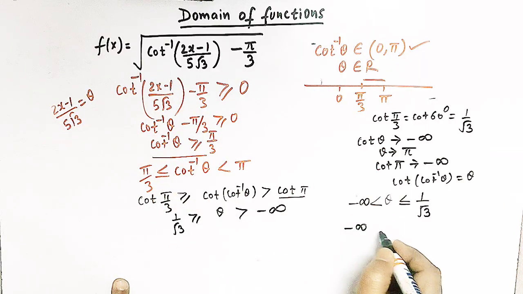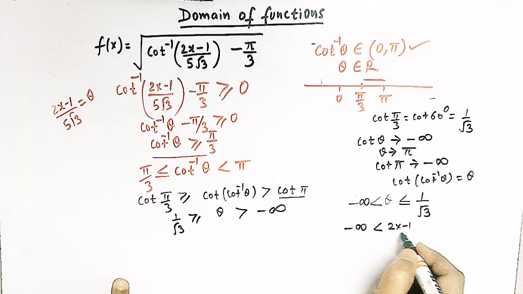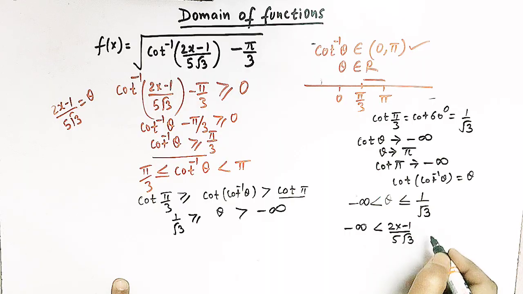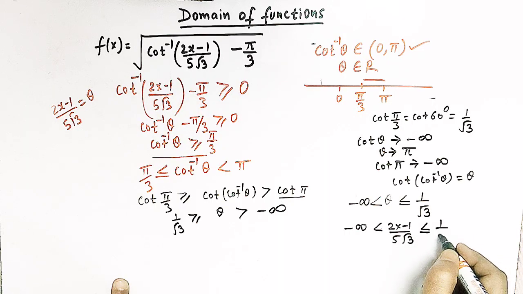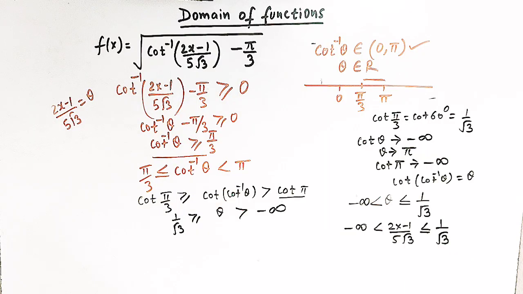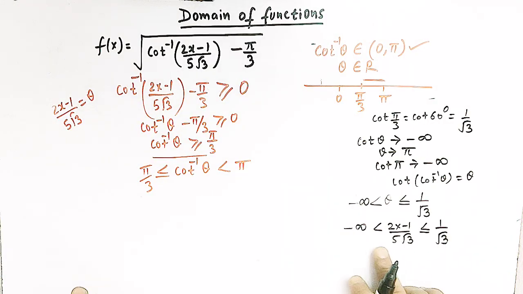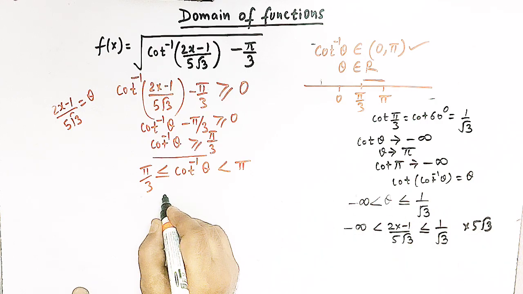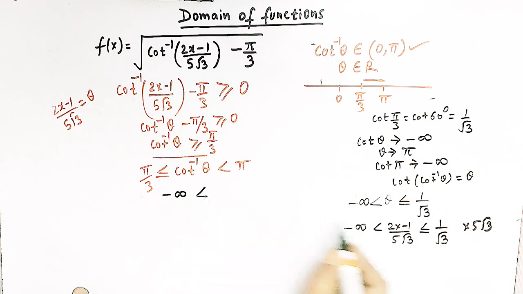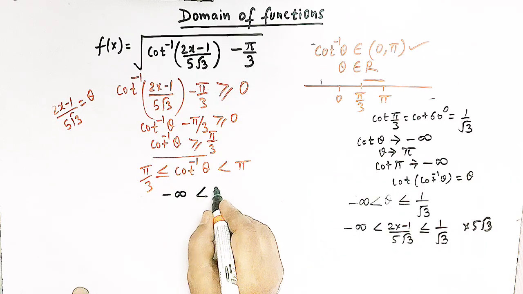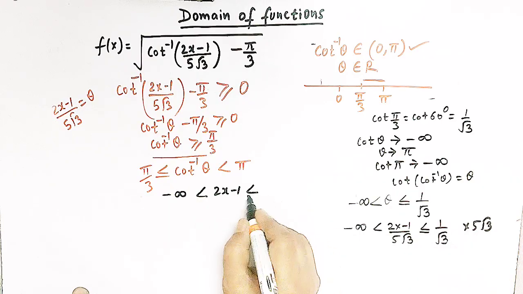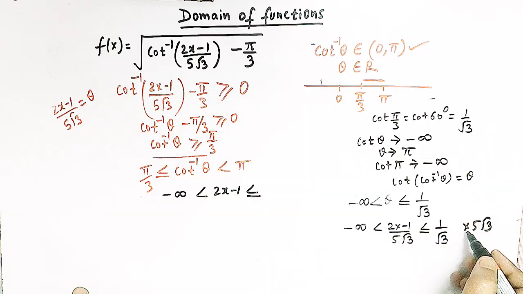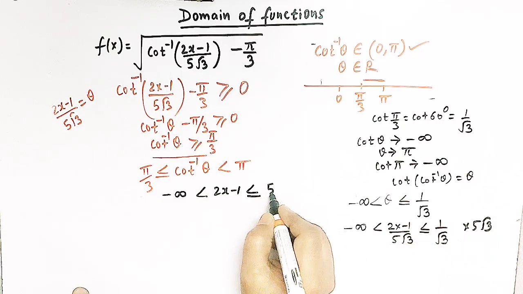So we have minus infinity, then 2x minus 1 over 5 root 3, and 1 over root 3. Now let us multiply throughout by 5 root 3. Multiplying negative infinity by 5 root 3 gives minus infinity, and on the right the root 3 and root 3 get cancelled, so we have 5 times 1, that is 5.